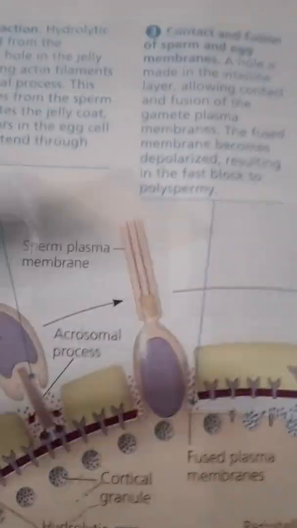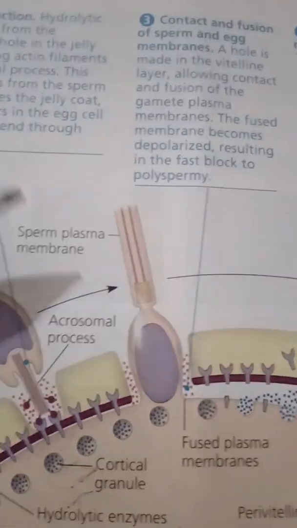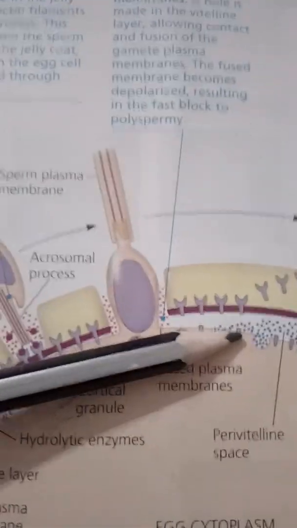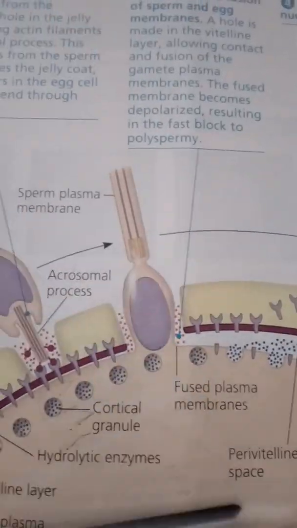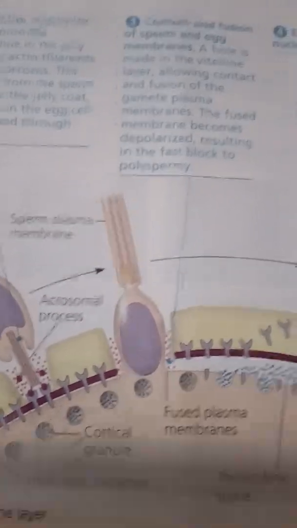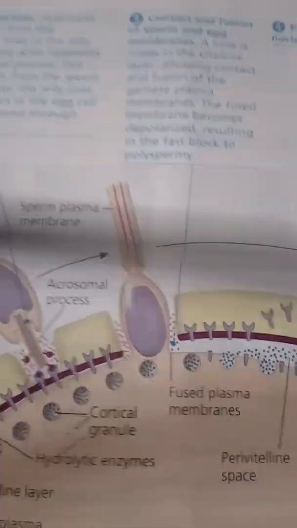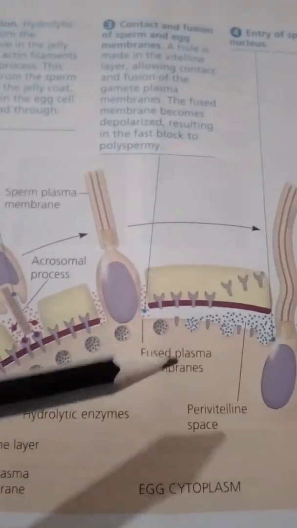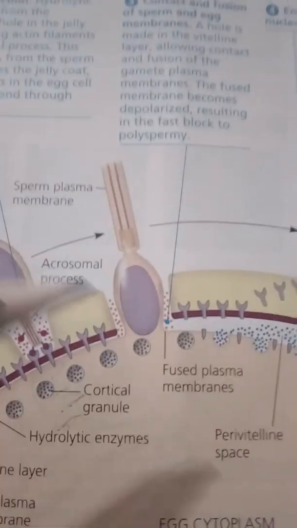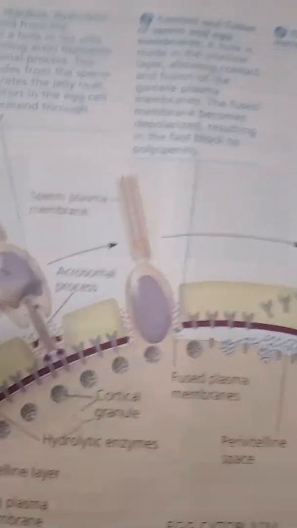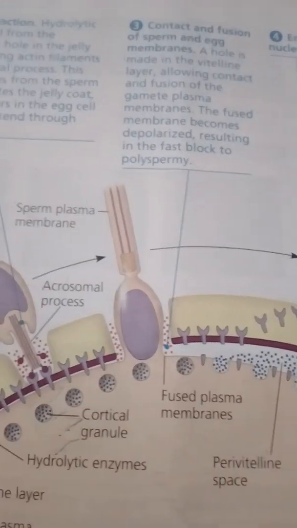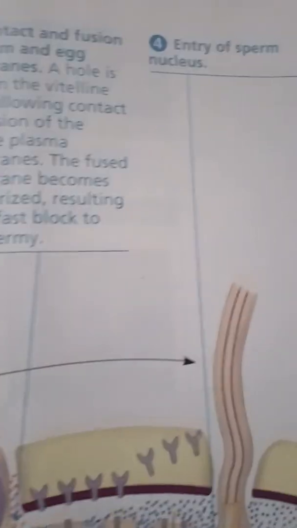Either contact or fusion of the membranes causes ion channels to open in the egg cell's plasma membrane, allowing sodium ions to flow into the egg cell and change the membrane potential. This change in membrane potential, called depolarization, is common among animal species, occurring within about 1 to 3 seconds after a sperm binds to an egg.